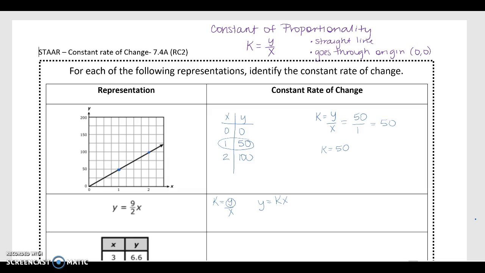So in this case, if I'm trying to find my constant, it is simply the number here with X. So K equals 9 over 2. And if I want to simplify 9 divided by 2, 2 times 4 is 8, 1 left over, 2 times 5 is 10. So it's going to be 4.5.